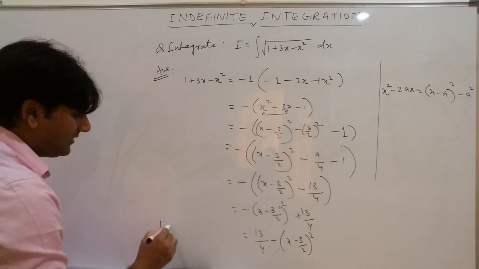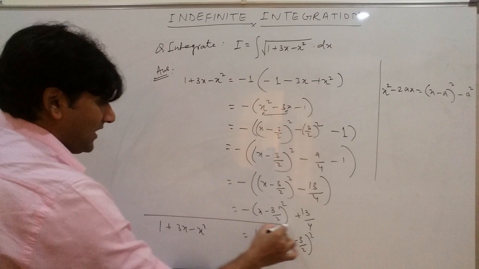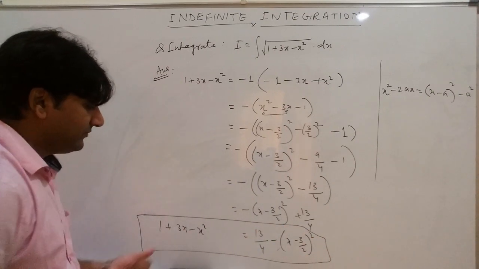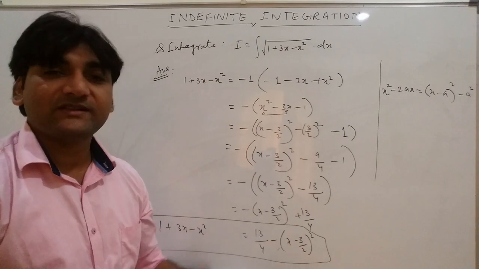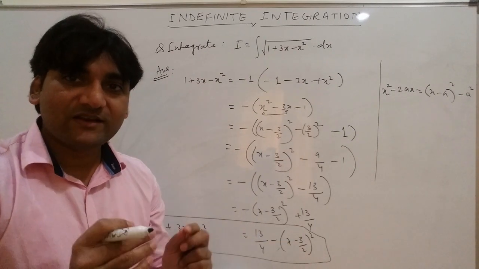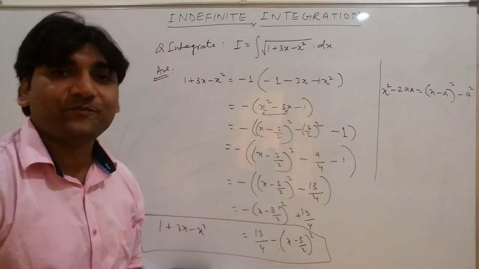This is 1 plus 3x minus x square. So I can now express 1 plus 3x minus x square as 13 over 4 minus x minus 3 over 2 whole square. So right now I have rearranged it in this form.